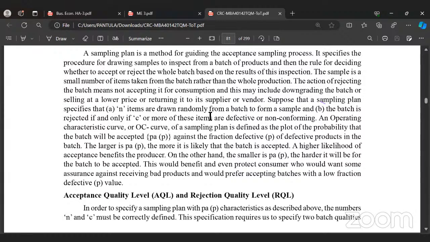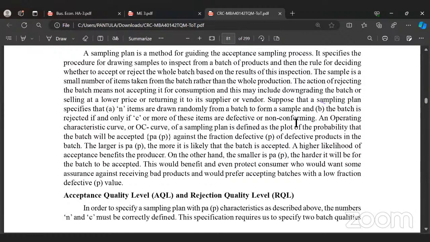So if we have products numbered 1 to 100, we'll pick randomly, say the 90th product. So a random sample is taken from the batch. The batch is rejected if C or more of those items are defective, non-conforming.